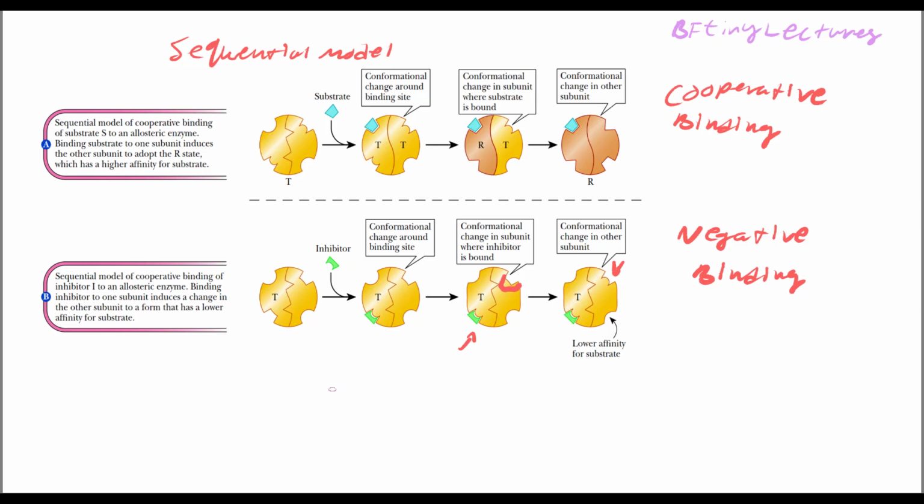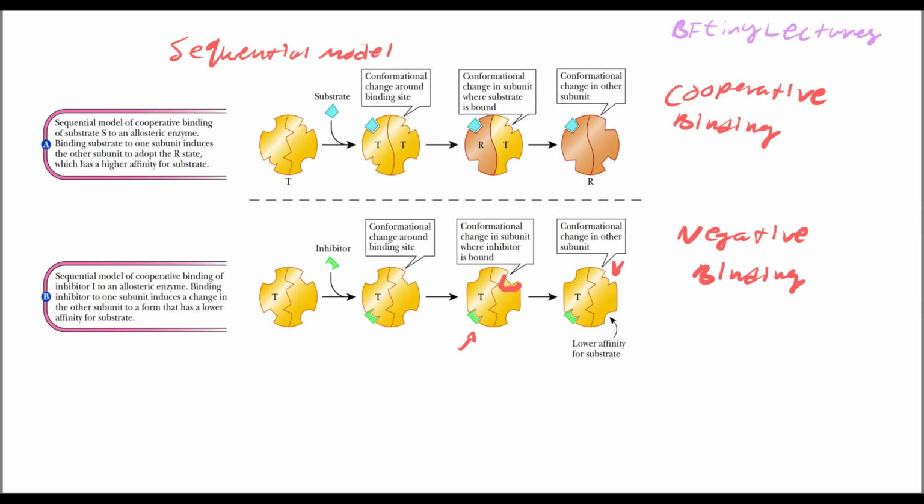As a recap, for negative binding, the inhibitor goes to one of the subunits and messes with it, and then that tight subunit is going to influence the other subunit to be tight as well. Overall, it's not going to make any products because now the enzyme is fully inhibited. It just took a little bit longer because it happened in a sequence. It did not happen at once.